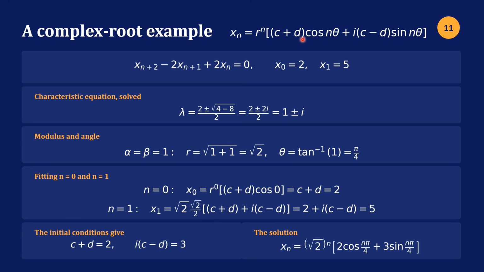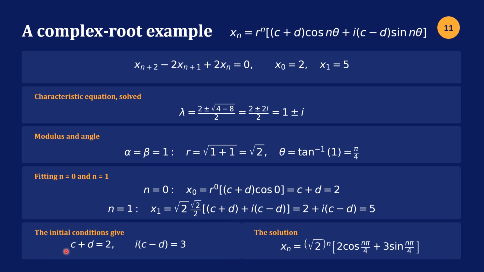And then you just get c plus d plus i times c minus d. And we know that c plus d is 2 from this first equation, so we have this here equals 5. And you can just subtract the 2 from the 5 and you get i times c minus d equals 3.